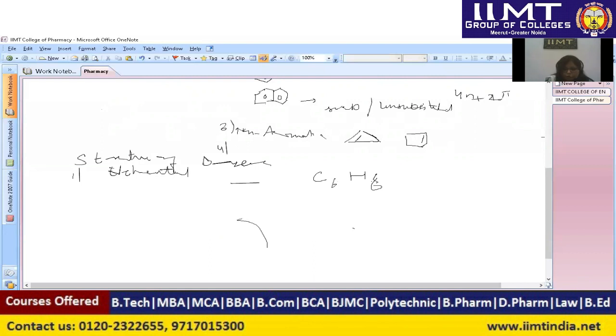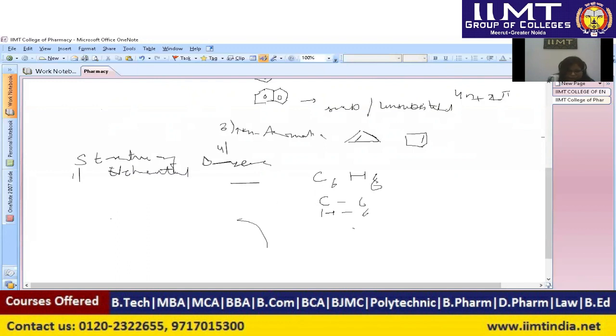So we know from here that it has carbons that are 6 in number, 6 carbon atoms, and hydrogens are also 6. And we know there are elemental things inside this: carbon and hydrogen.